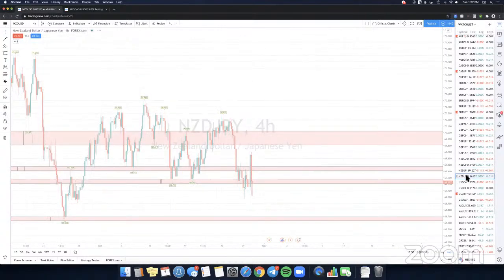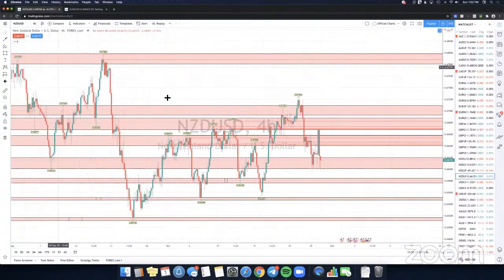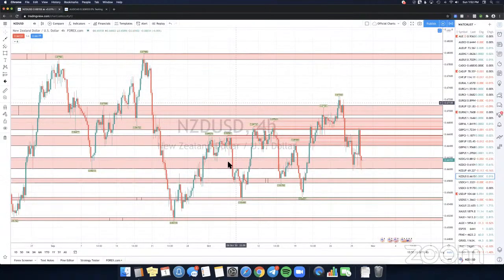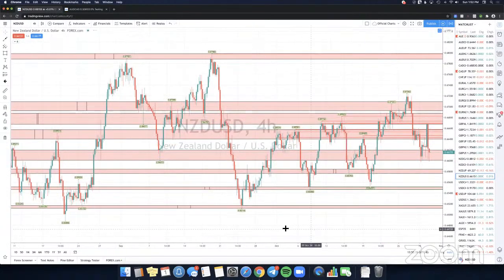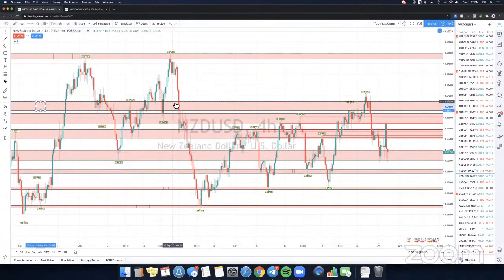Move on to NZDUSD right here. Turn on the K2SR indicator. It's going to adjust these right here because price has just moved over a little bit. Delete this zone.